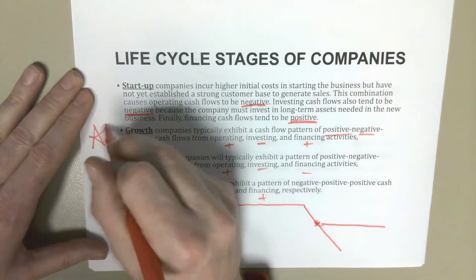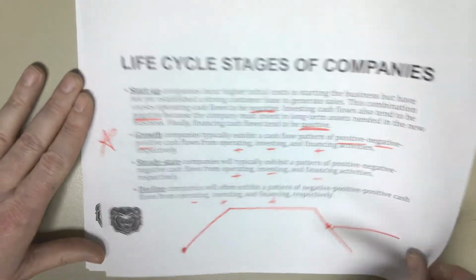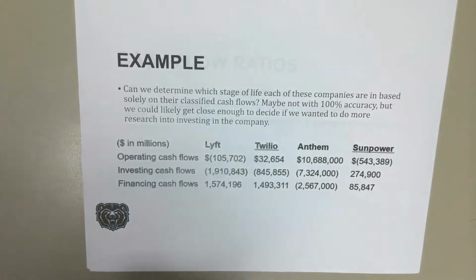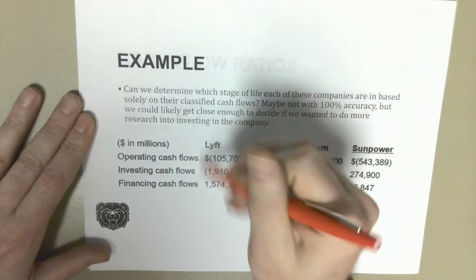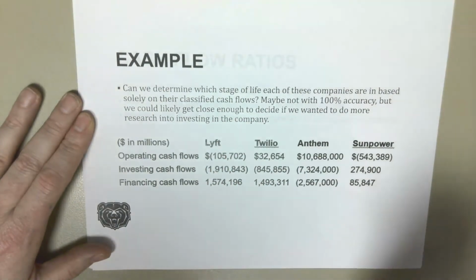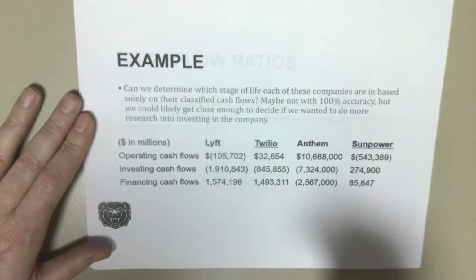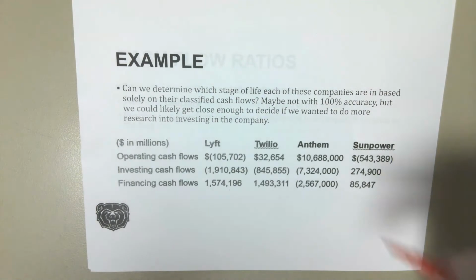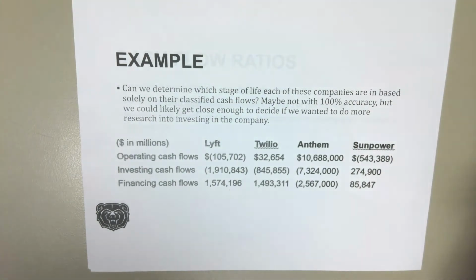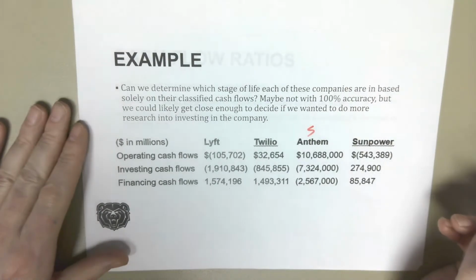This is a good one to know for your homework, at the very least, and probably for an exam as well. The homework problem you have is going to look like this, but probably with just one company, right? It's only got one company. Okay? So you could look at these cash flows and tell me, where are we at in the life cycle, right? So Anthem, they've got a positive, negative, negative. They're probably in a steady state, right?